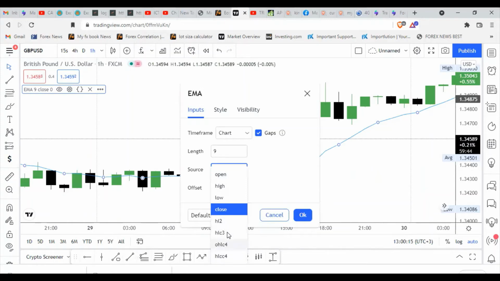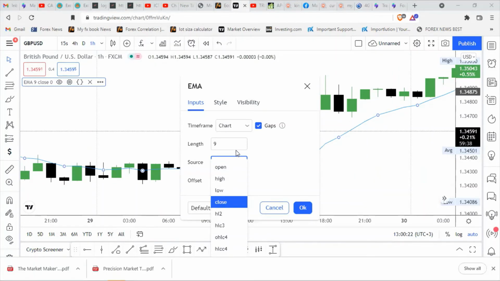So for the exponential moving average, you can place it to do the average for either the open, high, low, or close of the candle. So it will cover the highest of that candle, the lowest, the close and the open, and do the average of all.